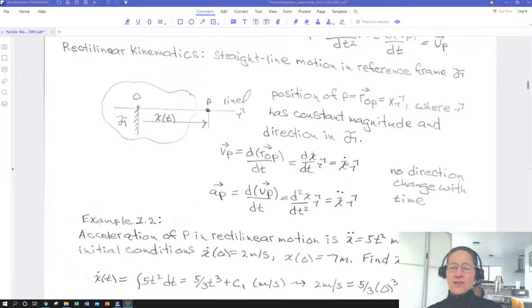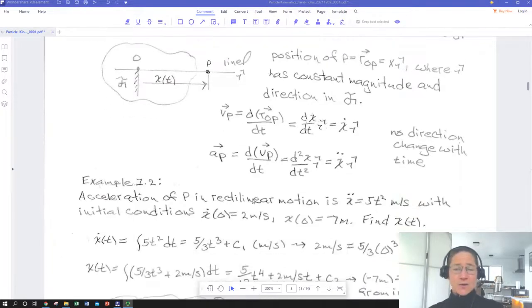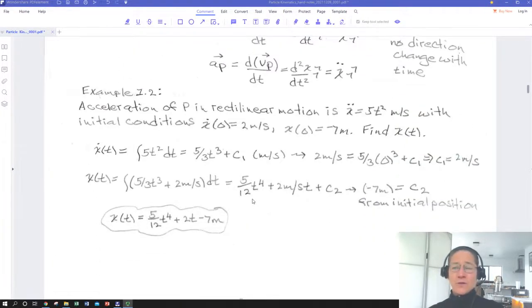The only thing changing is the magnitude. No direction change with time, just magnitude. So if we presume that we are looking in the I hat direction, something we should never take for granted, but we can write a big assumption in our rectilinear kinematics expressions, we really only have to work with scalar magnitudes. That should put us back into a position that we're all hopefully familiar with from physics, where we were doing straight line motion.